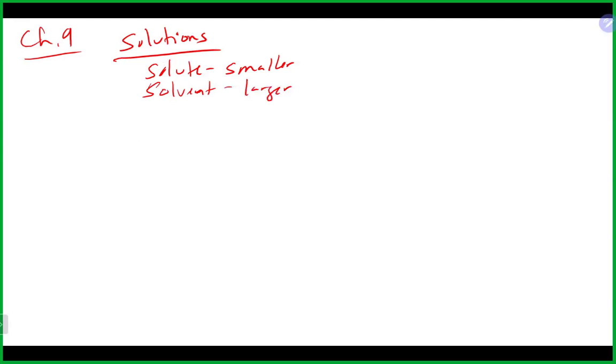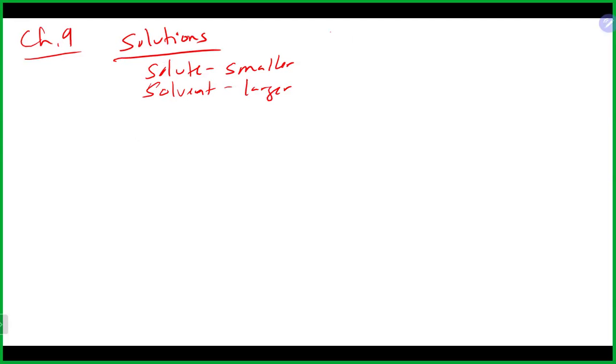So we started talking about solutions in this chapter, and remember that a solution is really made up of two parts. There's the solute, which is the smaller part of the solution, and there is the solvent, which is the larger part of the solution. And typically speaking, you dissolve the solute in the solvent.